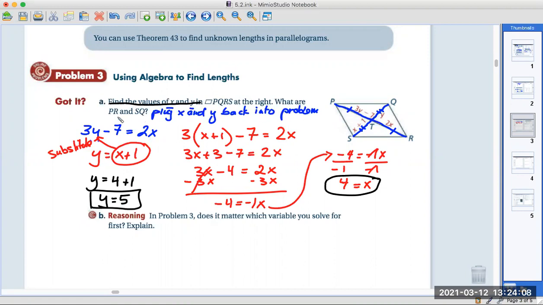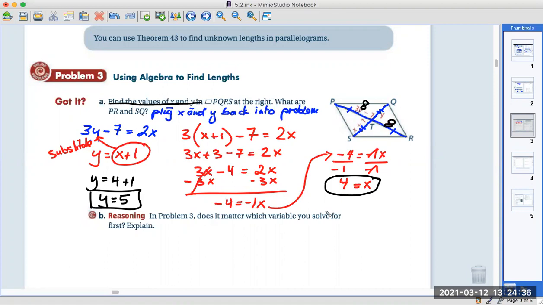Now we need to plug them in to get PR and SQ. PR, SQ, okay. 3y minus 7. 3 times 5 is 15. 15 minus 7, 8. So this is 8. 2x is 2 times 4. That's also 8, which makes sense since they're equal.